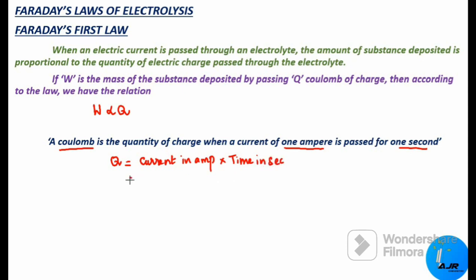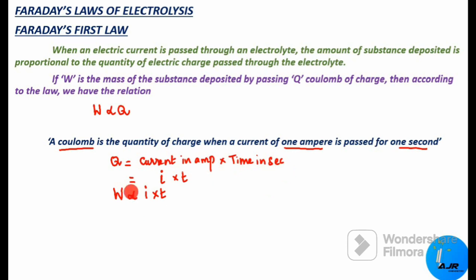Current in amperes can be given as simply I, so Q is equal to I into T. If Q is I into T, then W will be proportional to I into T, current in amperes into time in seconds.